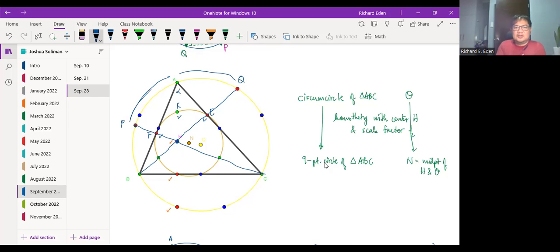So itong arc na to, ang inscribed angle niya is this one. But then because you have 90 degrees here, this is 90 degrees minus alpha. And then here 90 degrees, and then this is alpha. So this is also 90 degrees minus alpha. And then if you look at the circle, these arcs are congruent because they're subtended by congruent angles 90 degrees minus alpha.